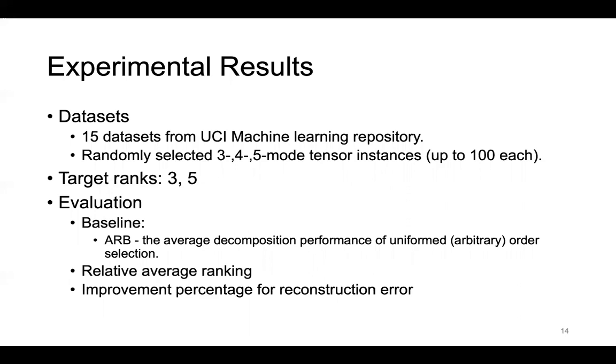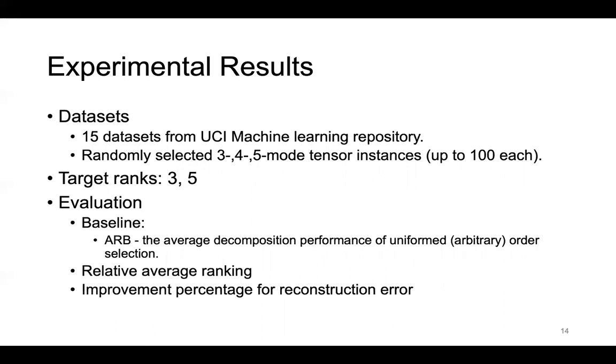And the way we evaluate is that we use the ARB, which is the average decomposition performance of a uniform order selection. That means, given the tensor, we enumerate all the possible decomposition orders and compute the average of the reconstruction error and also the relative average ranking as the result.